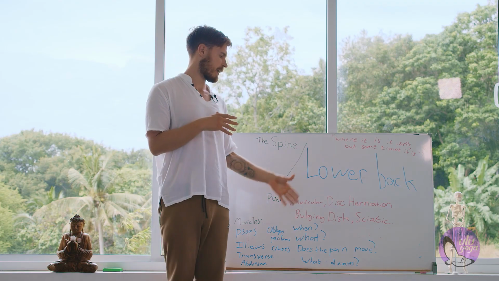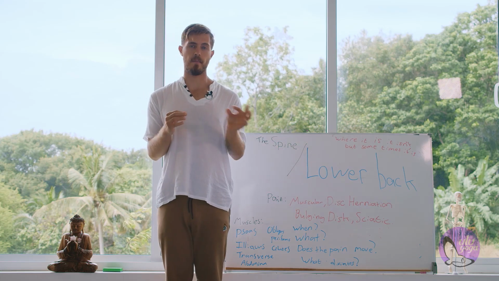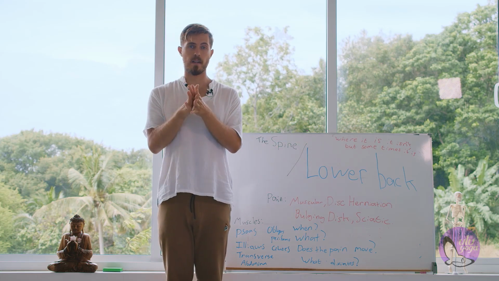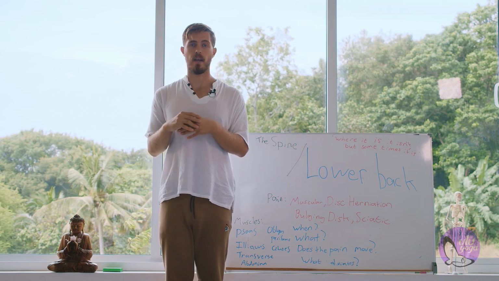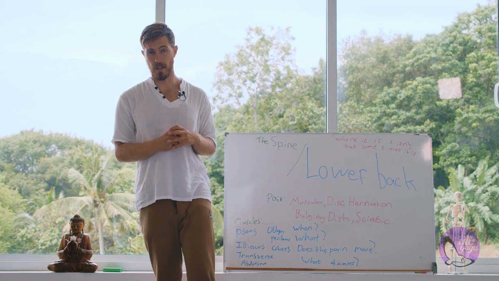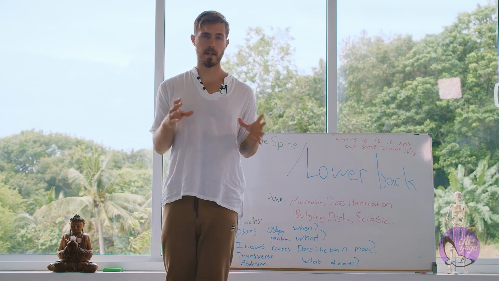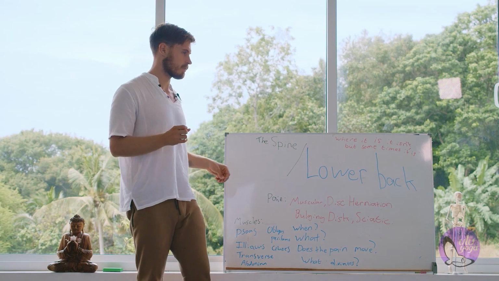And again, it comes back to the questions of exploration and asking yourself: what, when, and where can I alleviate this pain? When is it coming in? And what type of pain is it? And starting to work at it from here. So these are the basic areas of the lower back in terms of muscle groups.